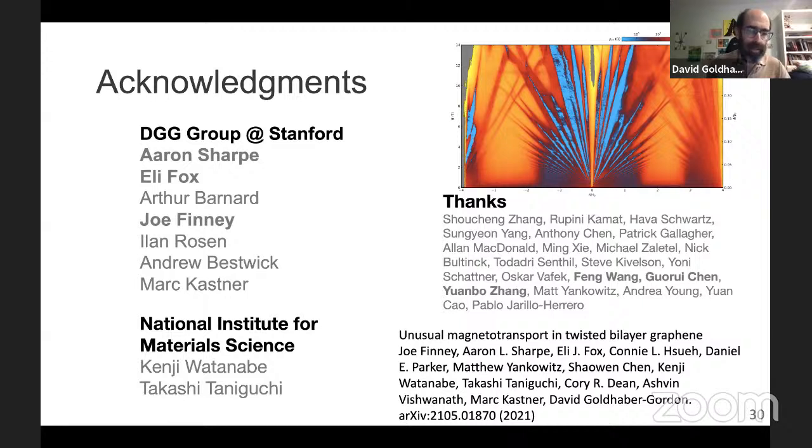There's what Senthil described as a topological aspect to the structure that says what you get out of the continuum model that McDonald and Bistritzer wrote down and described a decade ago is not actually describable in a tight binding model. So that was actually the start of why Joe used this simpler model.